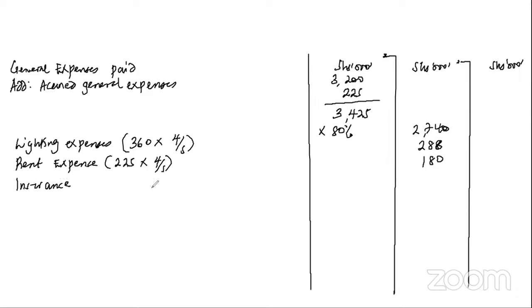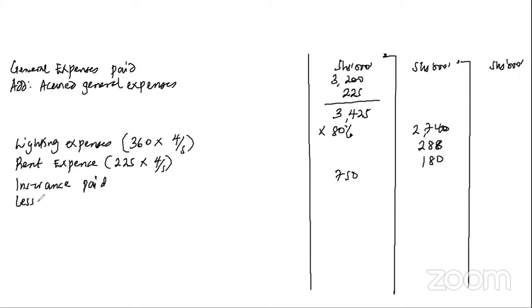Then you also have the insurance. When you look at insurance, there is insurance paid of how much? We paid 750 of the insurance. But when you look at the additional information, you will see that there was some insurance that was paid in advance. Insurance paid in advance, we have to minus that.